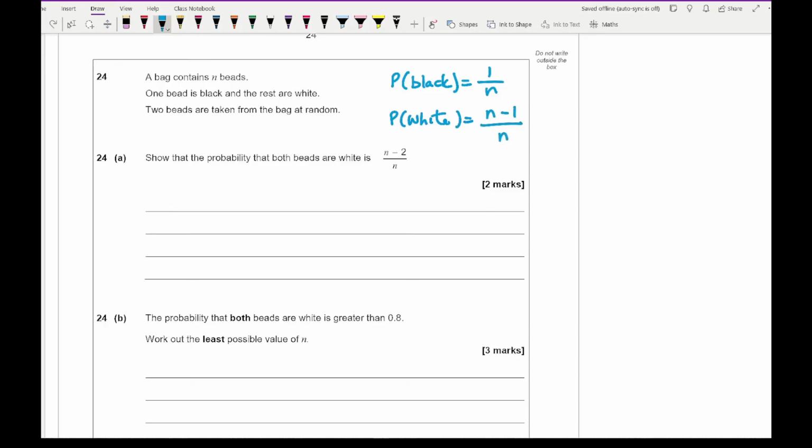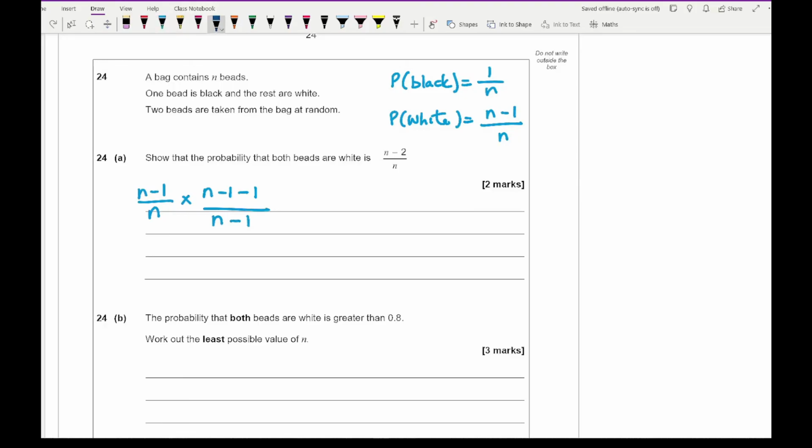So if we took that first white bead, it's n minus 1 over n times, for the second one, we've already selected one white bead, so it's going to be n minus 1, but we've taken one, so you take another one, giving n minus 2. In terms of the total in the bag for that second pick, it's going to be n take away 1, because I've already selected a white bead.